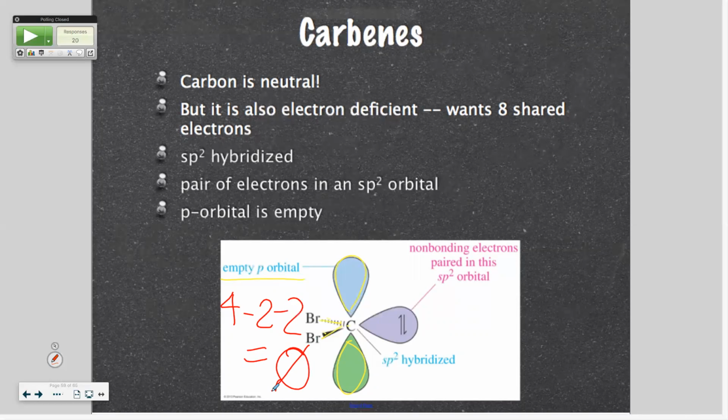Okay, so convince yourself of that until you believe it. Some people never believe it. All right, now carbon doesn't want to be that way. It wants to have 8 electrons. So as soon as those are formed, they do something. They react some way.